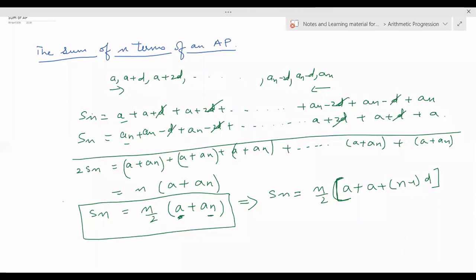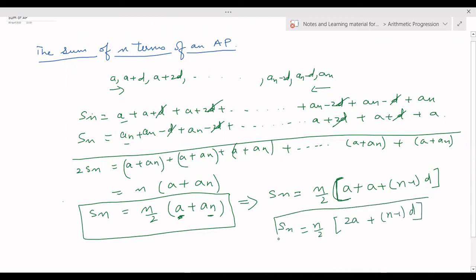So then Sn can be written as n by 2 times (a plus a makes 2a plus (n minus 1) times d). And this becomes another formula to get the sum of all the terms of the given AP. Thank you.